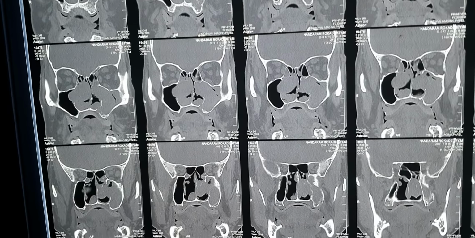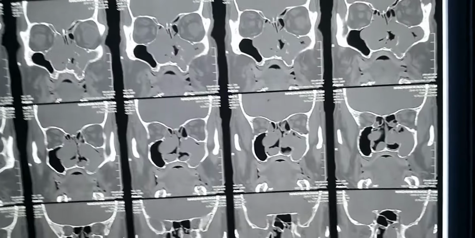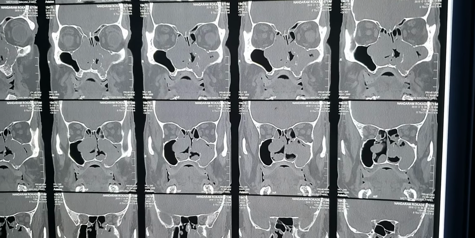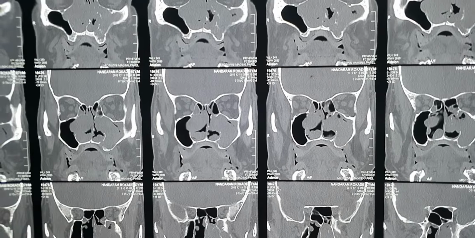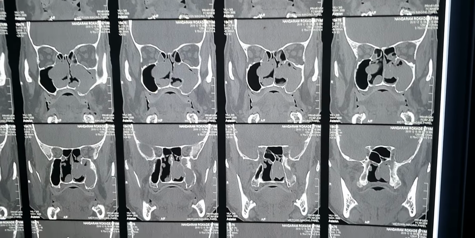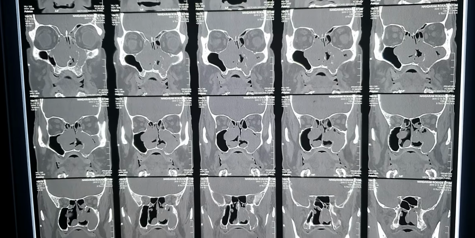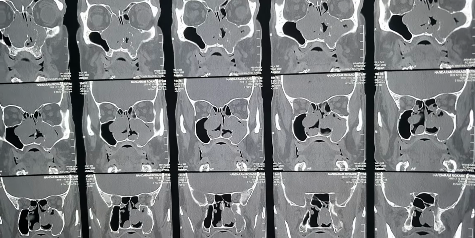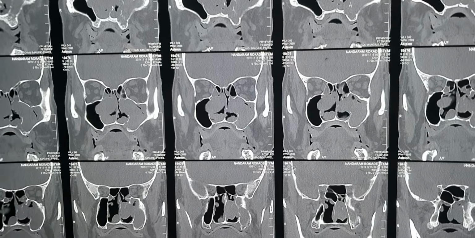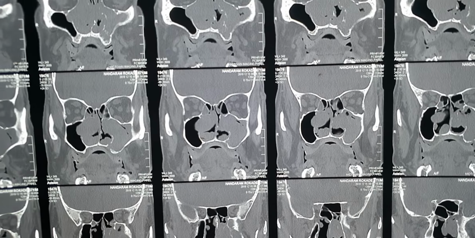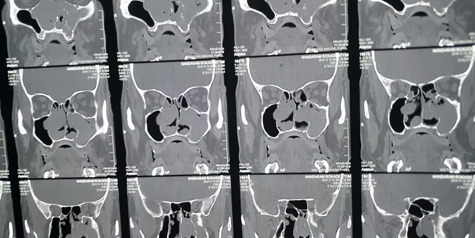Now, Rosai-Dorfman disease is considered to be a benign pathology. So the treatment options for this case are surgery, where you can excise the entire nasal mass from bilateral nasal cavities. Second thing, you can send him after the surgery for chemotherapy and radiotherapy.